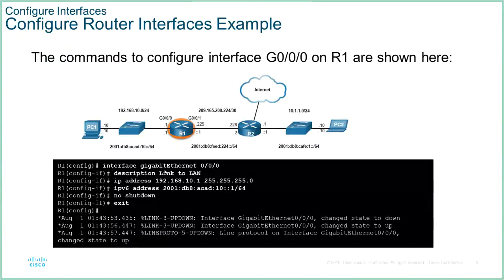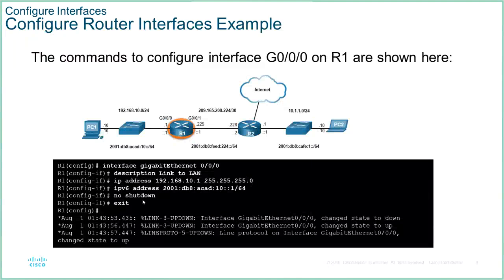So we go to the interface gigabit 0/0/0, and we're saying this is the link to our local area network, and we're dual stacking it. We've got an IPv4 address of 192.168.10.1 with the subnet mask, and an IPv6 address.